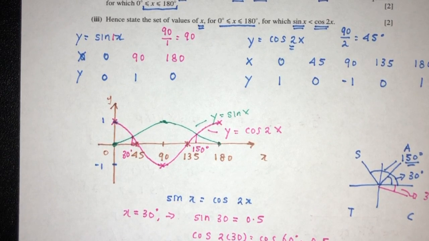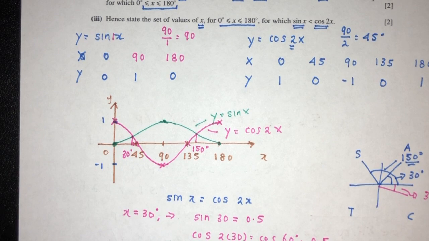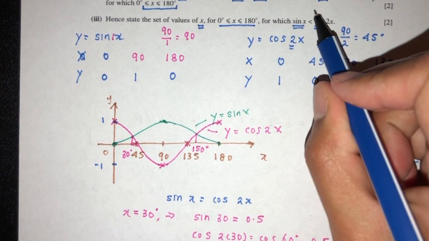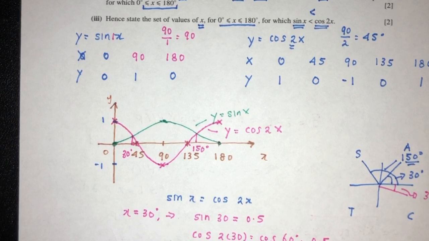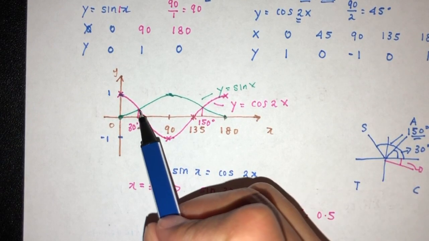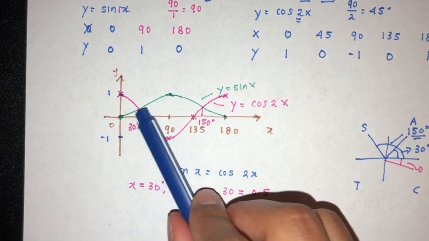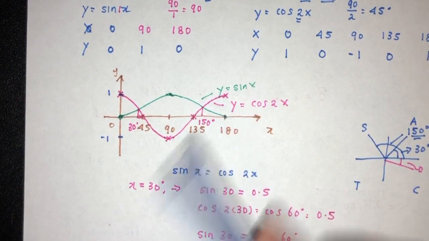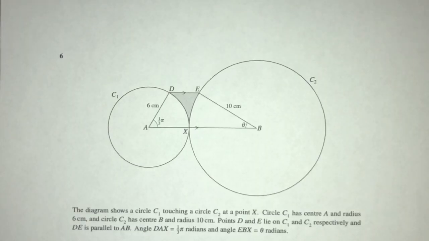So in this case, where is sine of x less than cos of 2x? Pretty easy. By observation, you can see that sine of x is less than cos of 2x where it is less here, right? Before this value and after this value. Let's move on to the next question.